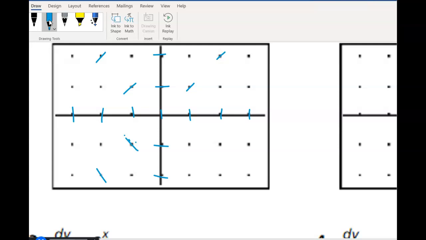Positive one, negative one, is a positive. And then at x being -2 and y -2, you're down here, and my slope is -1.